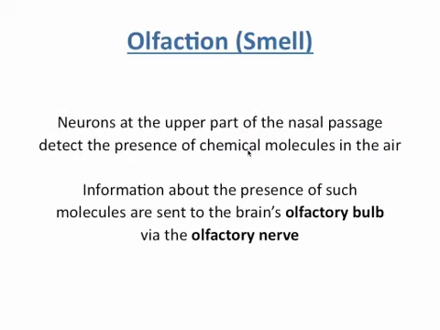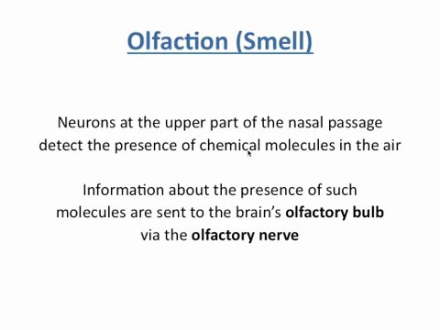Okay, so the next sense that we'll talk about is called olfaction, your ability to smell. How does this occur? What is the basic process that's involved in smell? Well, the things in our environment give off molecules into the air, and the neurons at the upper part of the nasal passage detect the presence of these chemical molecules, and they give us all the varied smell experiences that we have every day.